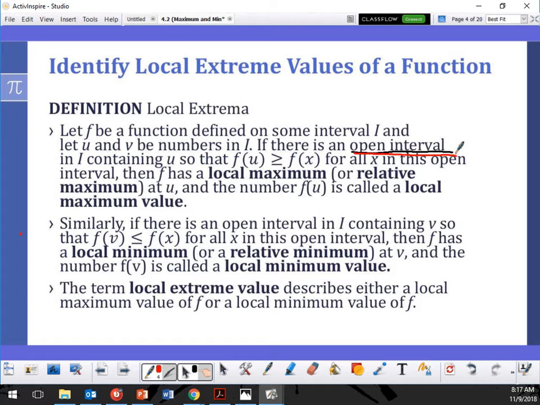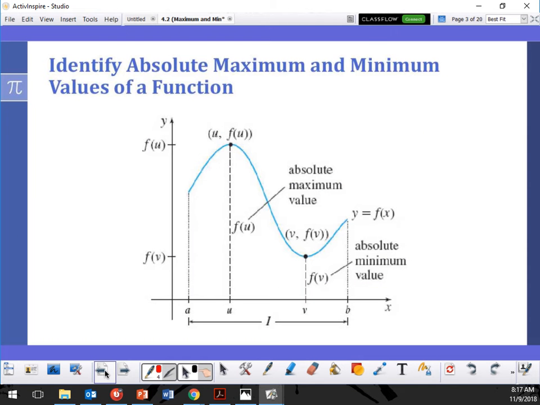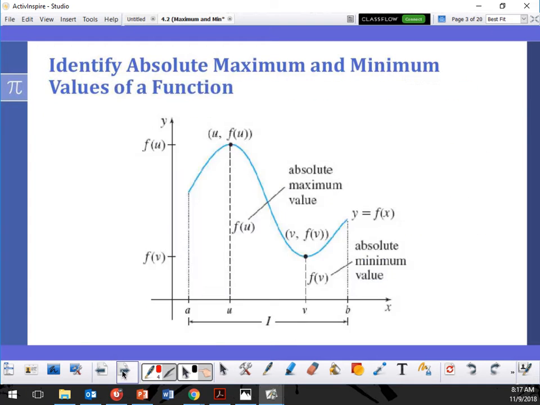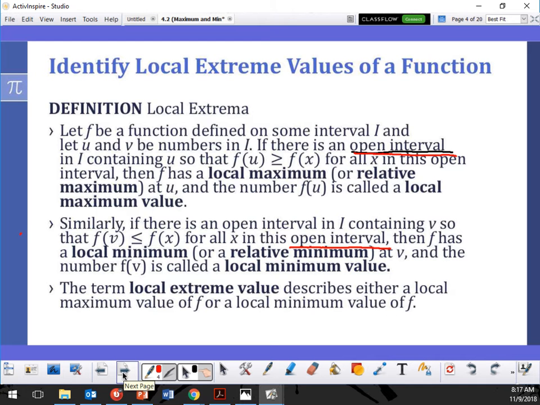Does it include the endpoints? No, it does not include the endpoints. Parentheses means round, not square. So right here, all right, let's keep going.